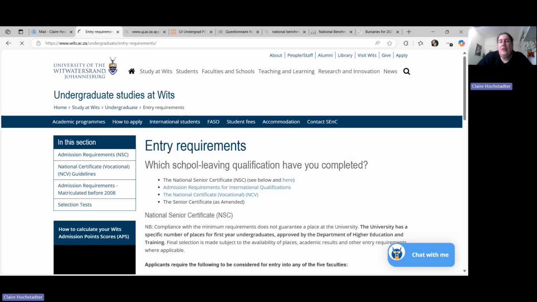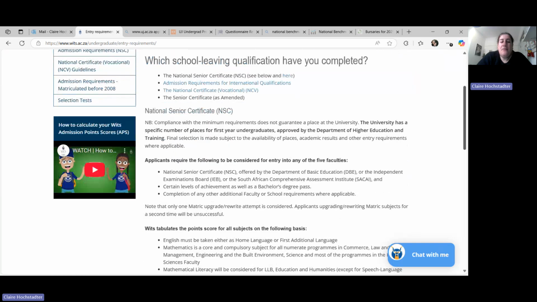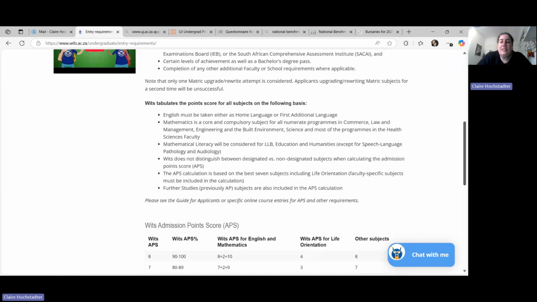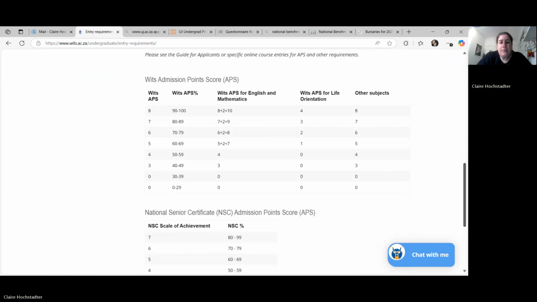Now we know that entry requirements are different for every single course at a university, but fundamentally the points remain the same. So what you can see on the screen now in front of you is how you would calculate your WITS APS score.